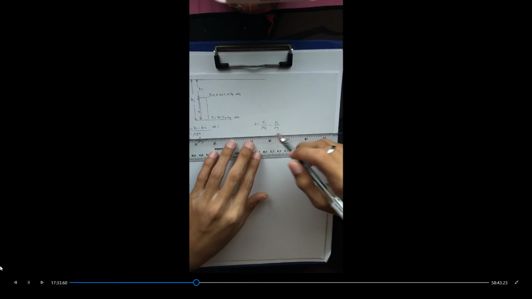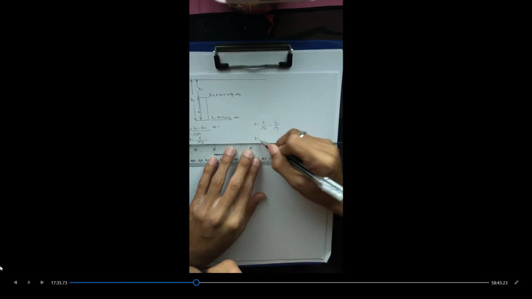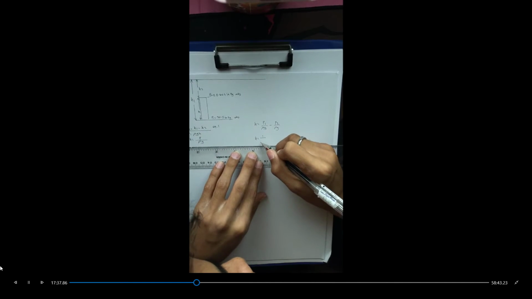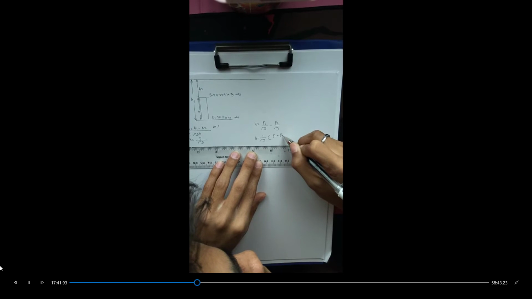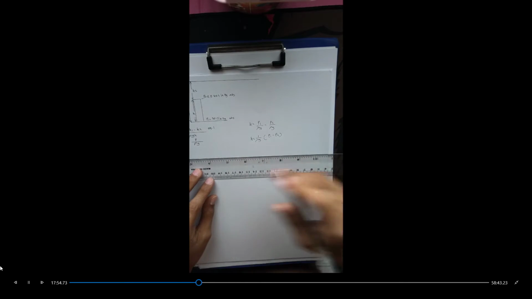Just like that. And then let's simplify this equation. So height of the building is equivalent to 1 over density gravity times pressure 1 minus pressure 2. So the formula now is much simpler compared to this one. So what we're going to do now is we just need to substitute our values.